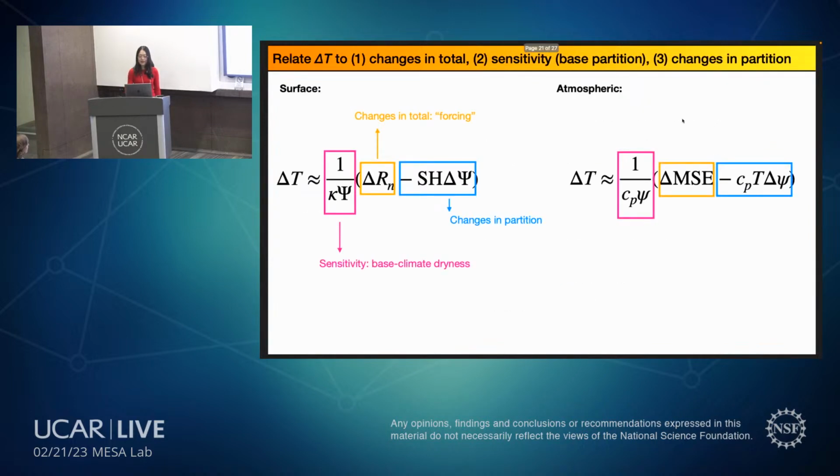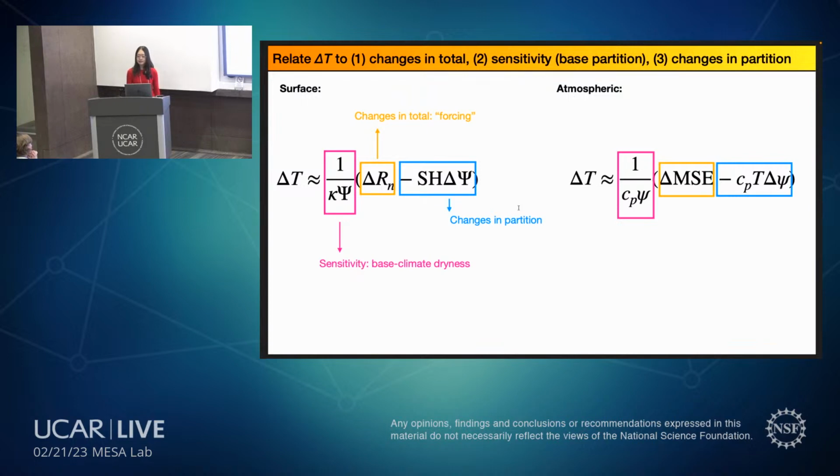And we reorganize the equation, and we can relate the magnitude of warming to changes in total, which is the analog for the forcing in the climate sensitivity studies, a term that is a sensitivity decided by the base climate dryness, and another term that reflects contribution from changes in partition.